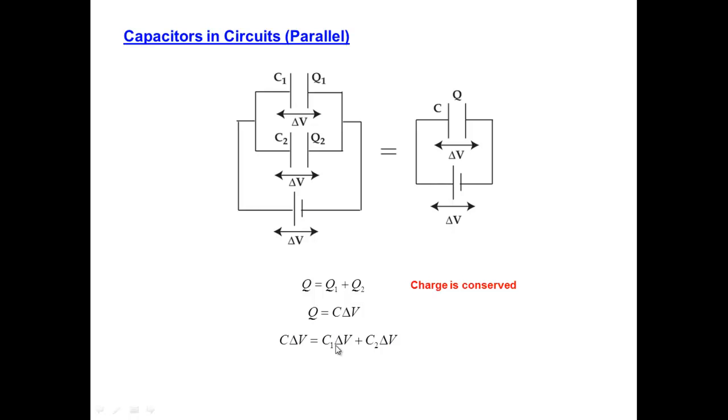That's equal to C1 times the potential difference across capacitor 1, which we already argued is the same as delta V across the battery, plus C2 delta V. Notice the delta V terms are the same. Capacitors in parallel have the same voltage. So we can cancel that delta V out, and we get that the equivalent capacitance for two capacitors arranged in parallel is equal to their sum, C1 plus C2.